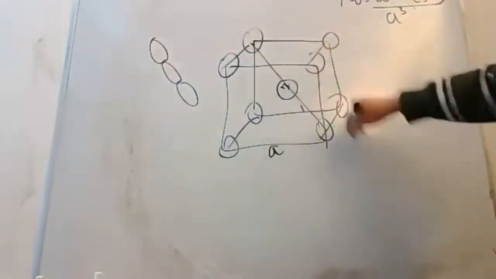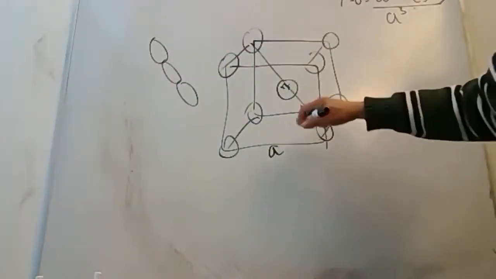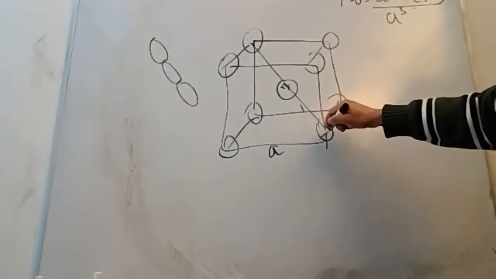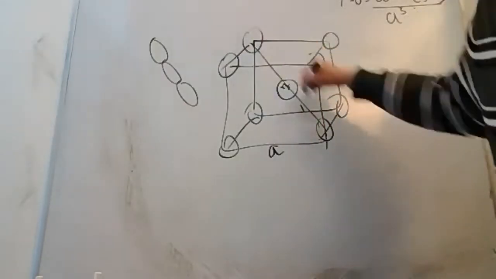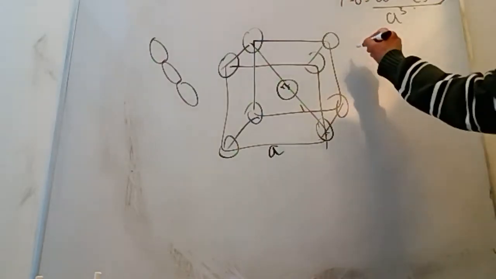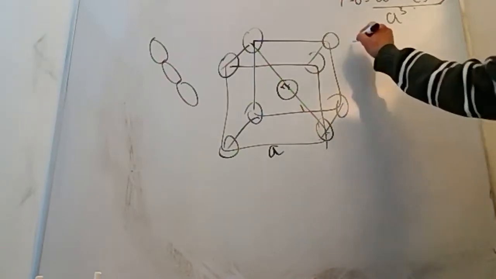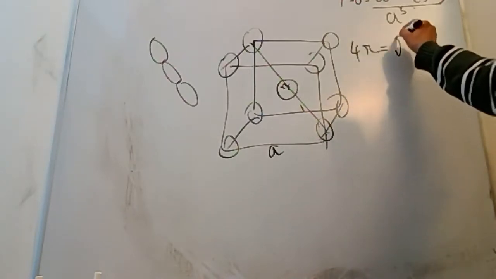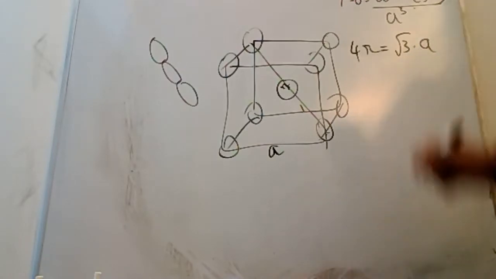So what is the length of the body diagonal, not the face diagonal, but the body diagonal, here in terms of A? What did we say before? Four R. Didn't we say 4r equals square root 3 times A?